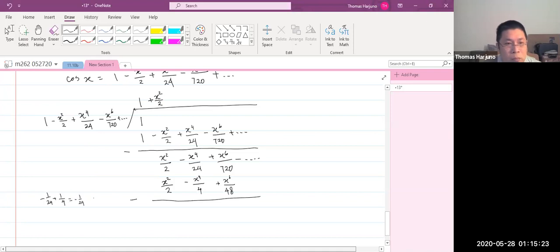So that will be positive 5 over 24 x to the 4th here. And then 1 over 720 minus 1 over 48. Dude, I don't even know what's the LCD. Let me use my calculator. Lazy guy.